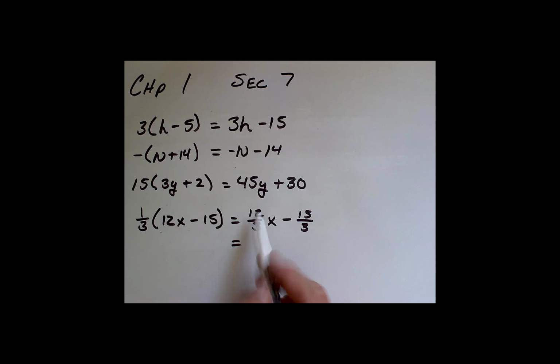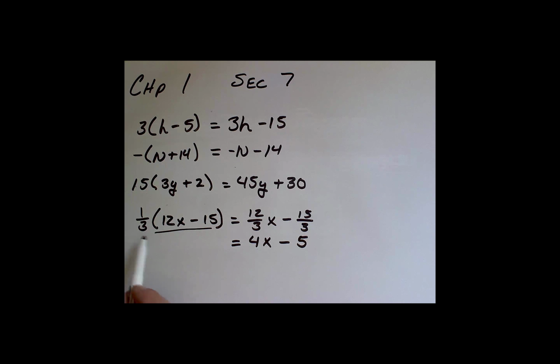And if the 3 can go into that 12 evenly, then we're all set. So 3 goes into 12 4 times, carry our term x, minus, does 3 go into 15? Sure it does. It goes in 5 times. So our final answer for this equation with this distributive number through is going to be 4x minus 5.